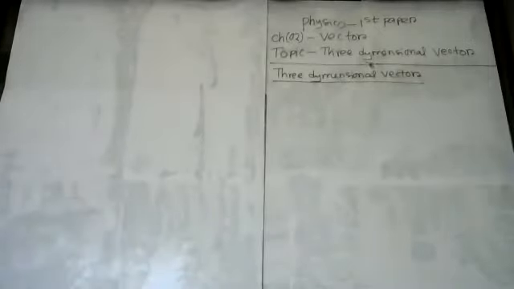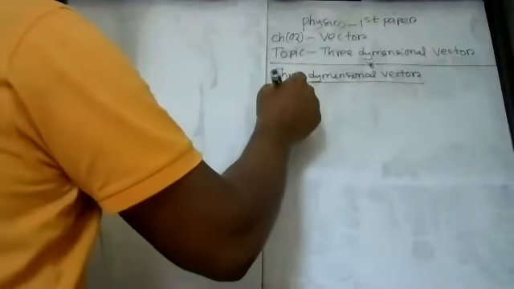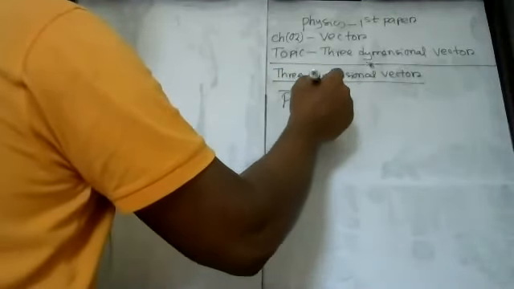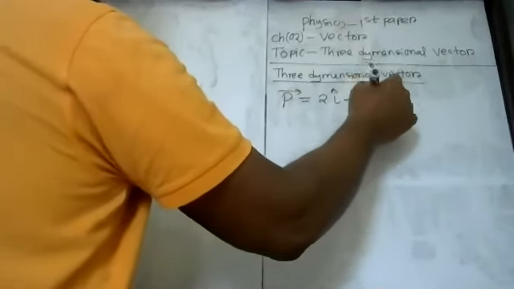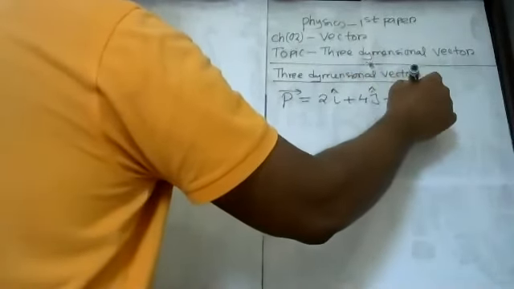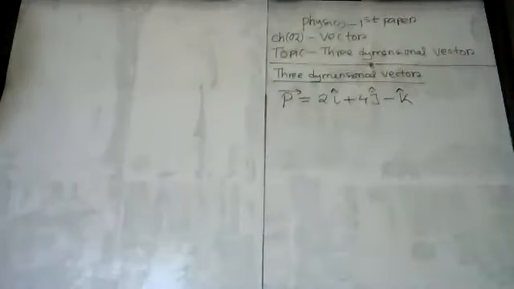Okay, suppose vector P is a 3D vector, 2i hat plus 4j hat minus k hat. This is a 3D vector.